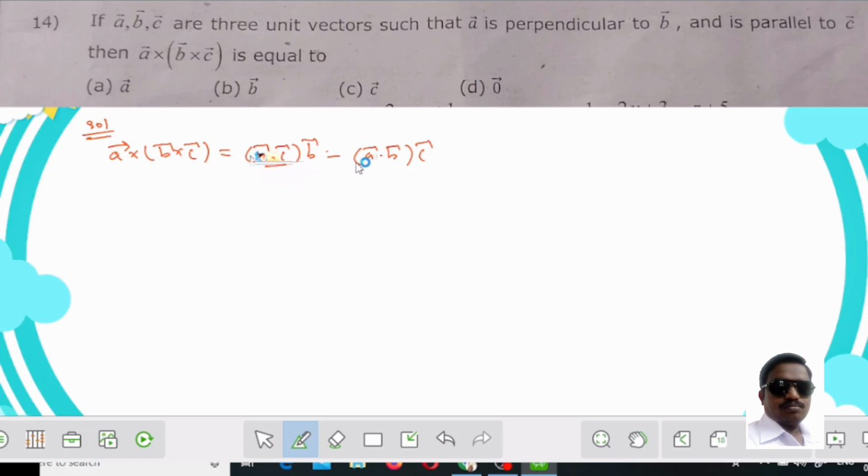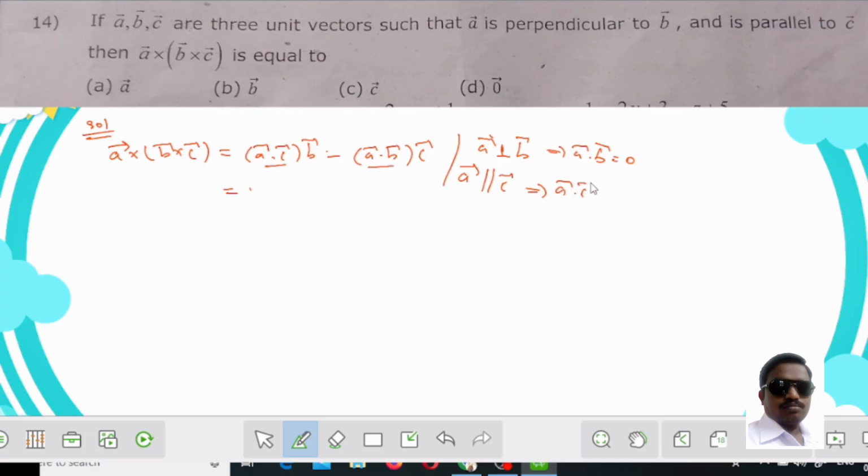Here A dot C and A dot B are there. They are giving that A is perpendicular to B. So this implies the value of A dot B is 0. So you may substitute 0 here. And also they are giving A is parallel to C. When A is parallel to C, what about A dot C?